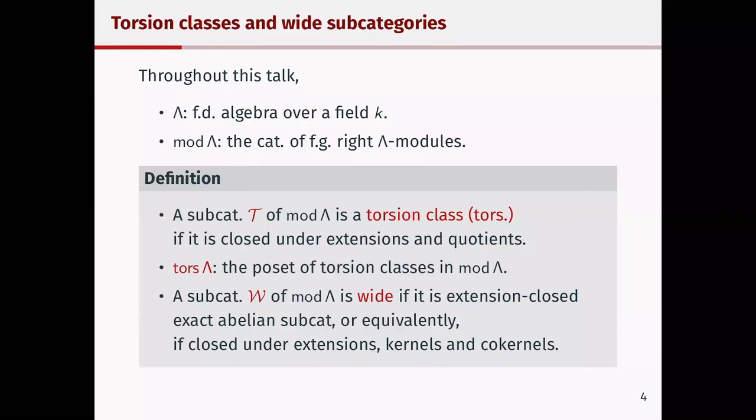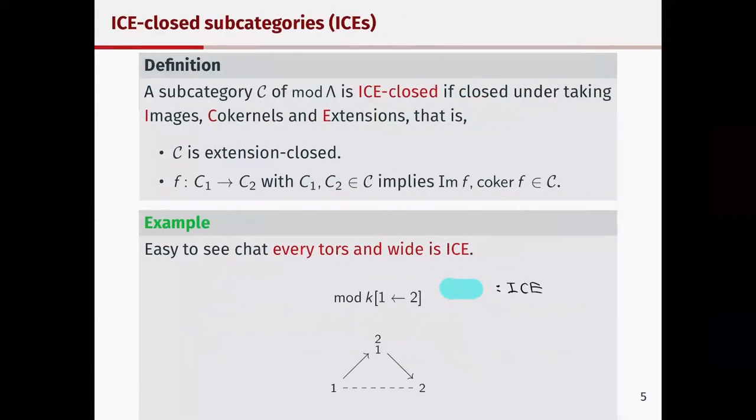The ICE closed subcategory is a generalization that contains the class of torsion classes and all wide subcategories. So this is the definition. A subcategory C of mod lambda is ICE closed if it is closed under taking images, cokernels, and extensions. I call it ICE closed, or just ICE.